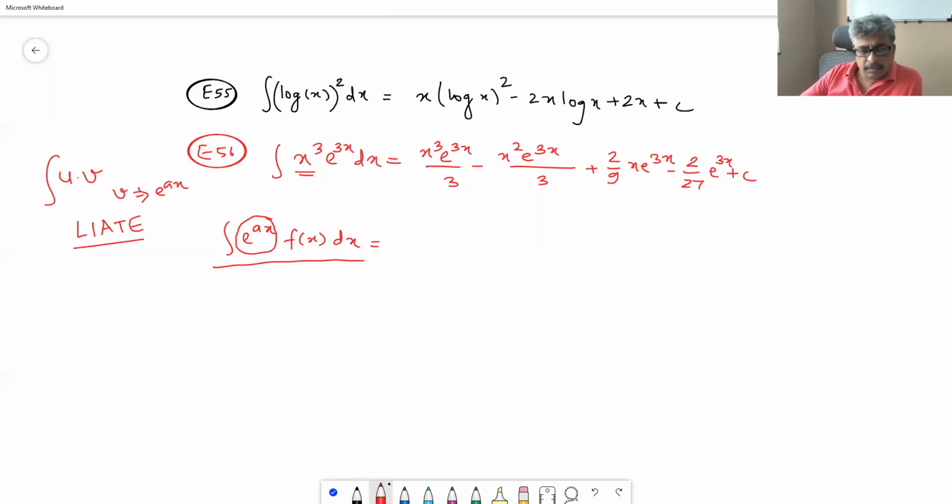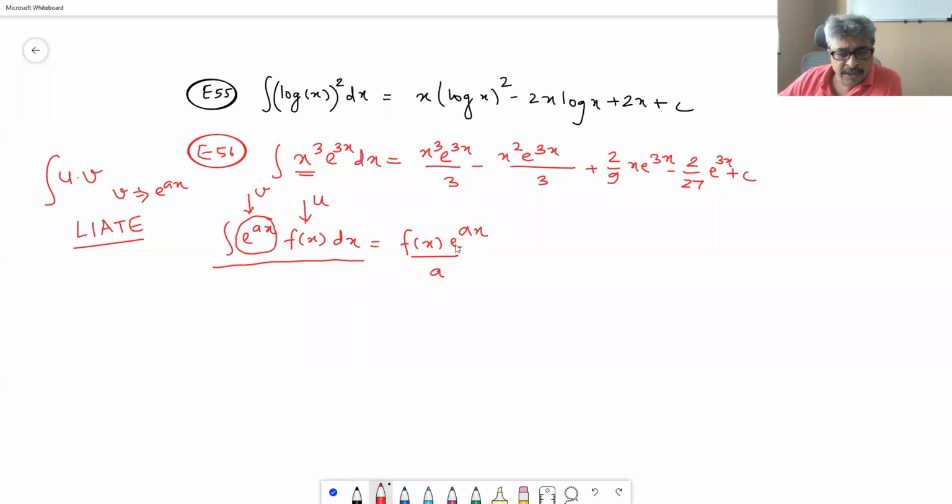Every time you do integration by parts, it is u into v, and this f of x is u and e raised to ax is v. So u into integral of v, first term, that is f of x e raised to ax upon a.